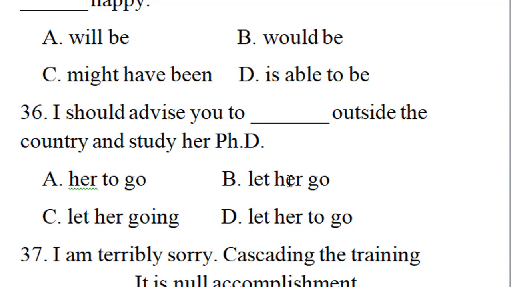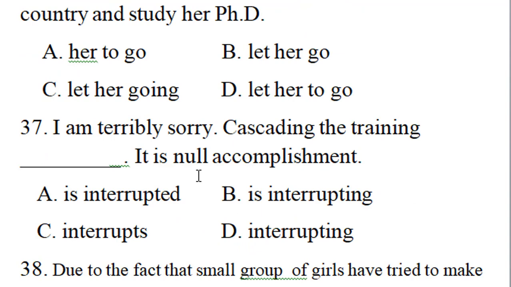I'm terribly sorry. Cascading the training is null accomplishment. Yeah, I'm terribly sorry. The question could be a bit difficult, of course, but they must be able to be technical. The question I asked is active and passive voice. Focus here: cascading the training, this is an object, an action.